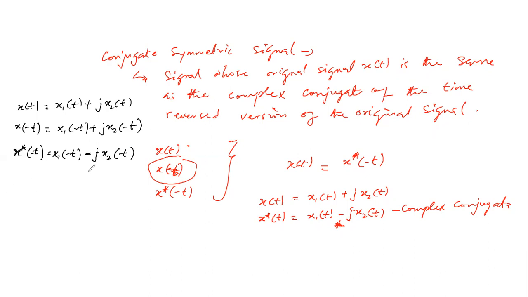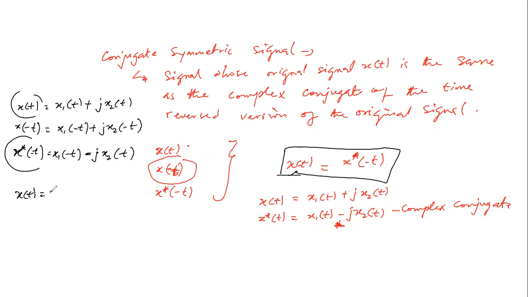So when this condition is satisfied, that is, S of t being the same as the complex conjugate of the time reverse version, then we say this signal is a conjugate symmetric signal.